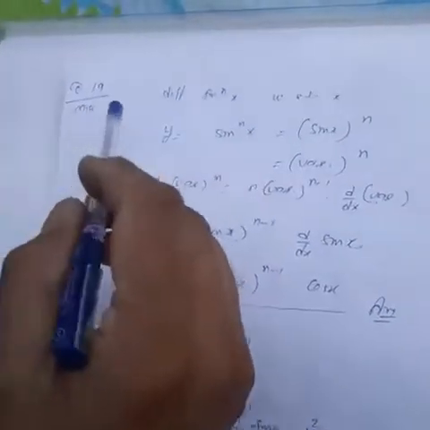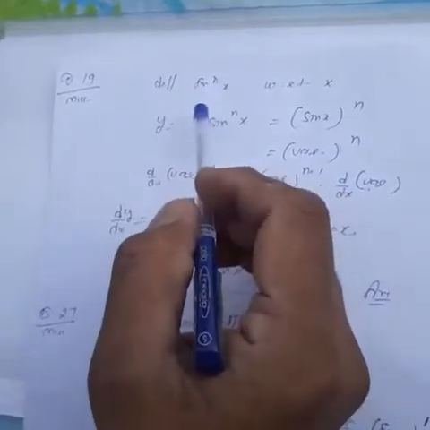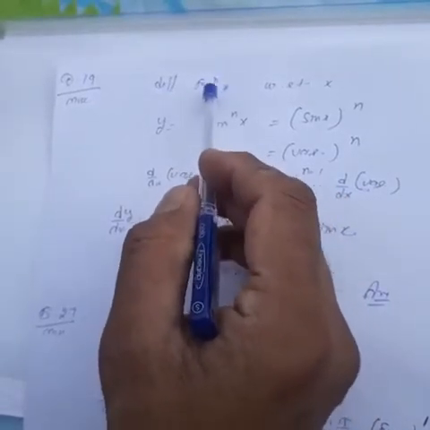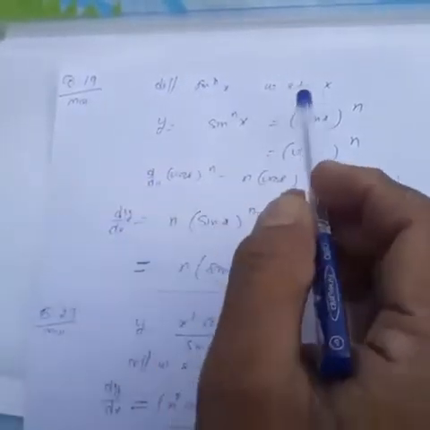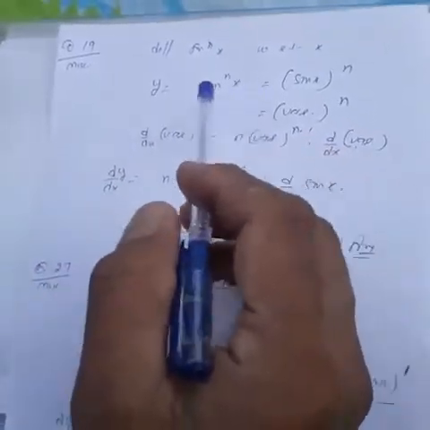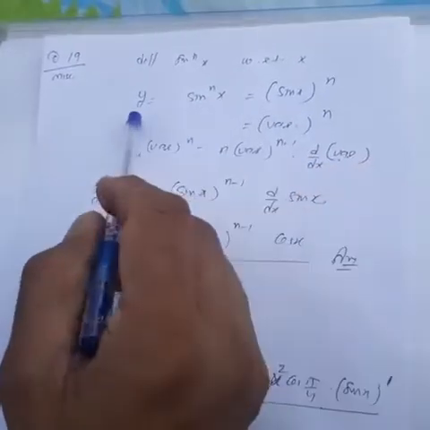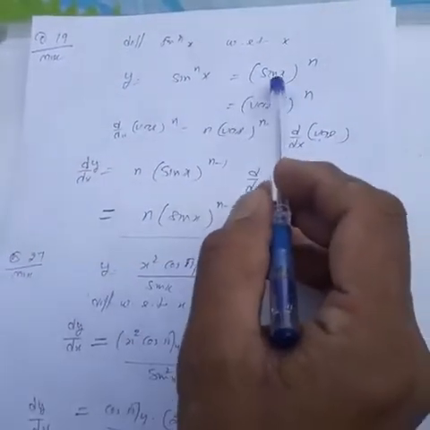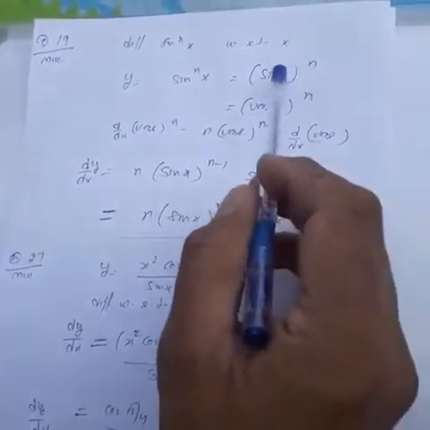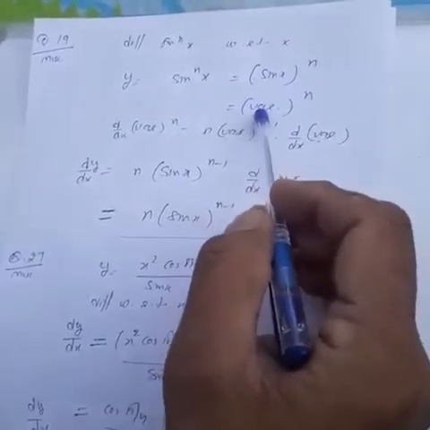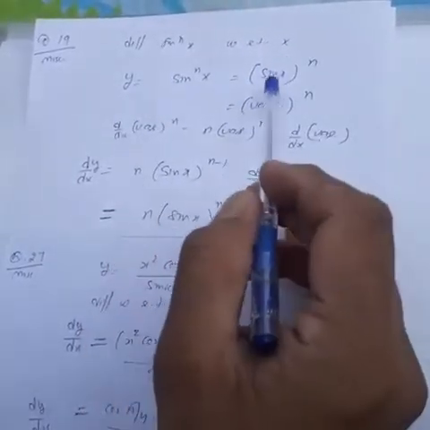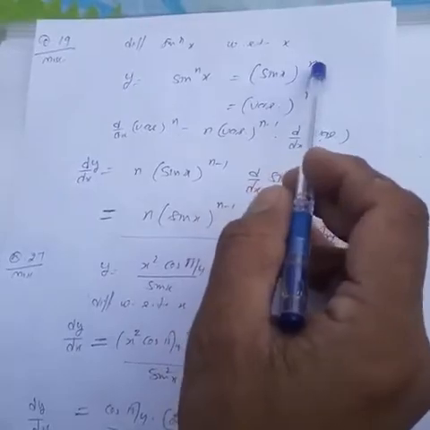Similarly, question number 19. Find the derivative of sin x raised to the power n with respect to x. It can be written like this: (sin x) raised to the power n, let it be equal to y. So this is variable raised to the power n. This is not x raised to the power n. This is a variable, or any function of x, raised to the power n.